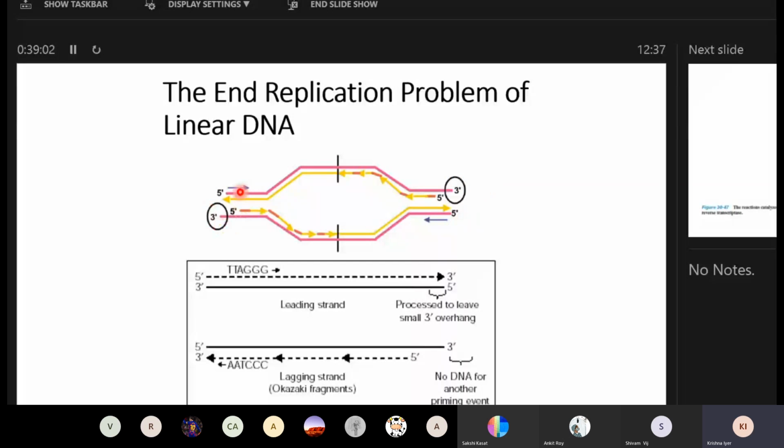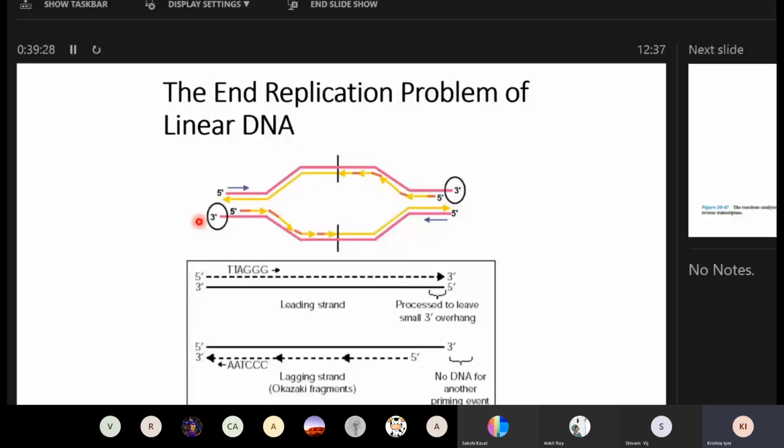The sequences present there are very, very specialized sequences, and they are referred to as telomeres. And the enzymes which work at this region to take care of the issue of these telomeres are referred to as telomerases. And telomerases are very interesting enzymes. They are what we call reverse transcriptases.